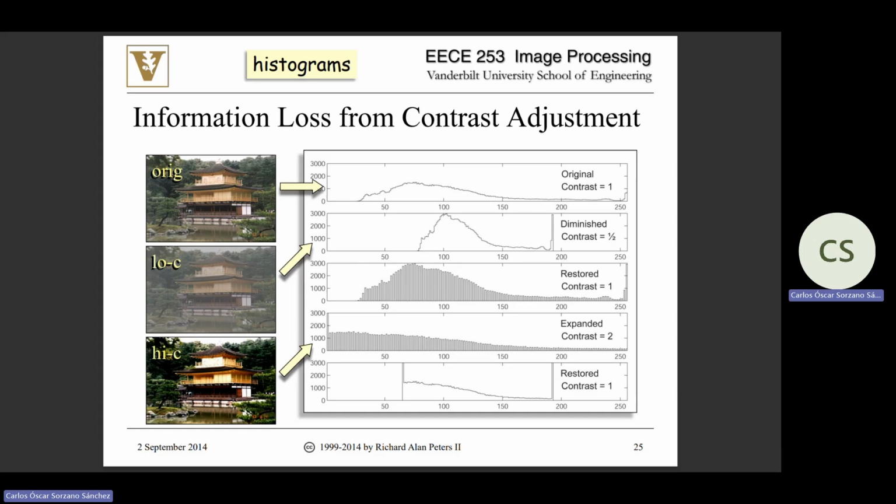And when I'm increasing the contrast, I'm creating holes in the histogram. And then we have the opposite sequence. You take the original, first you expand, and when you expand you will have to saturate, and then you decrease. But when you decrease, you don't have holes, because decreasing doesn't create holes. The holes are created when you expand.